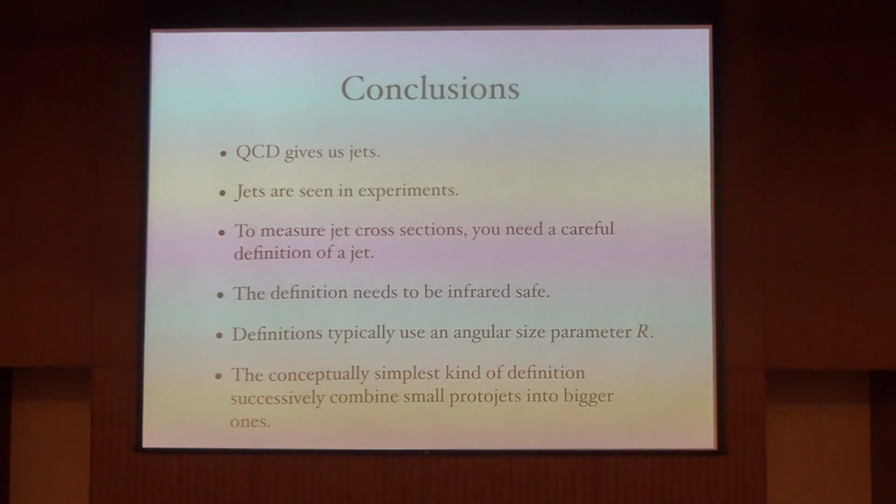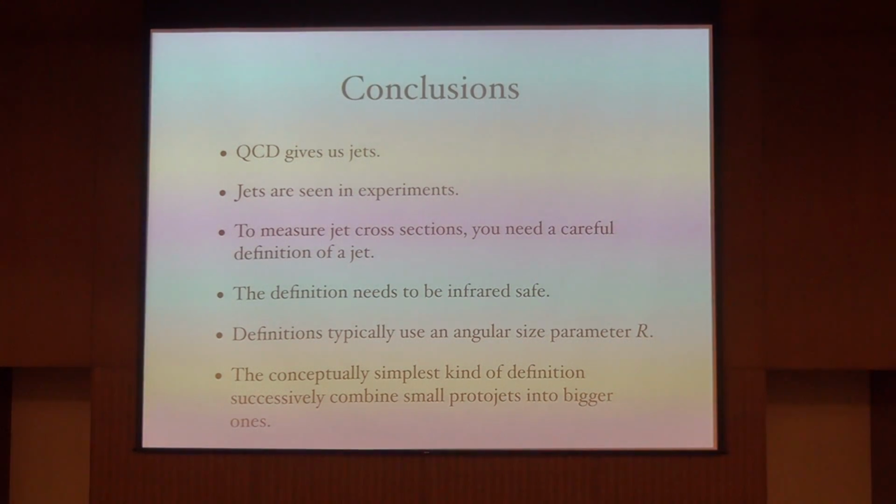But so far we've found out about jets. QCD gives us jets, right straight from the theory, and in a very simple way. And those jets are seen in experiments. And to measure a jet cross-section, you've got to be precise, so you need a definition of a jet.